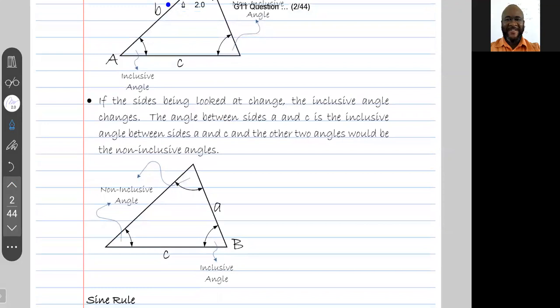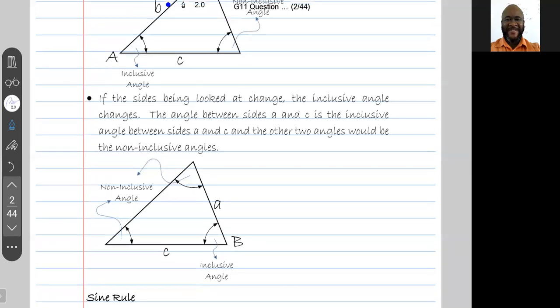If the side being looked at changes, the inclusive angle changes. So the angle between the sides A and C is the inclusive angle between sides A and C. And the other two angles would be non-inclusive angles.